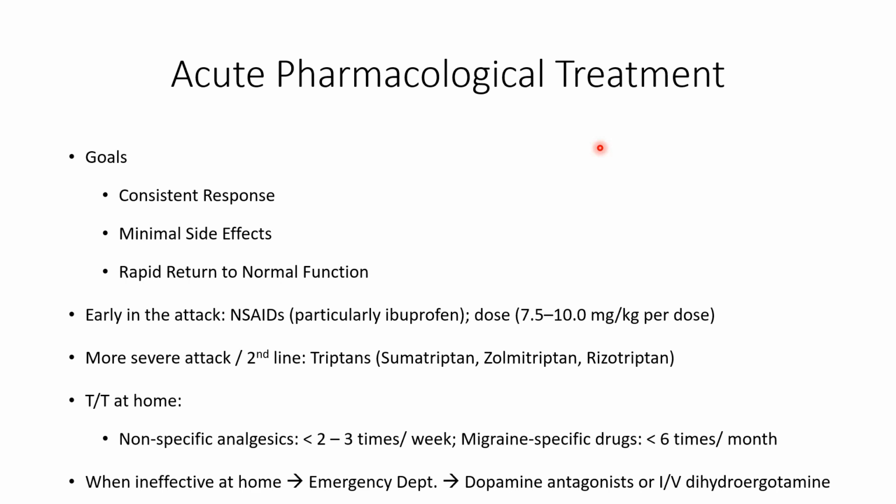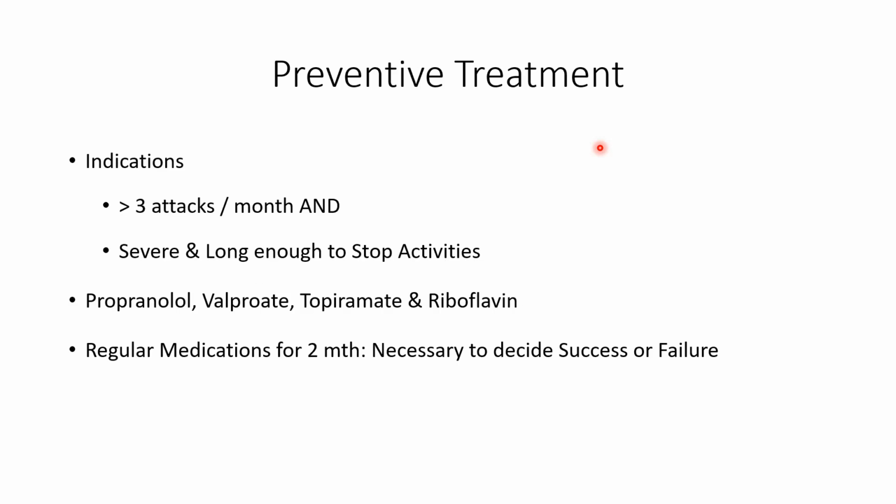However, if we have to give more doses or more treatment at home, then it is better that the child is taken to an emergency department where dopamine antagonists or IV dihydroergotamine may be given.